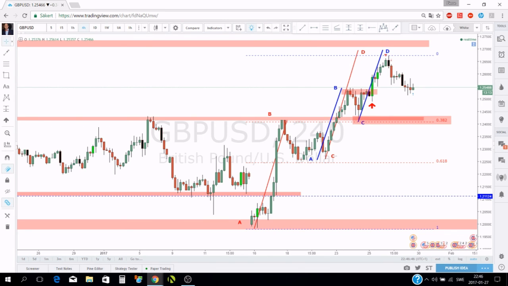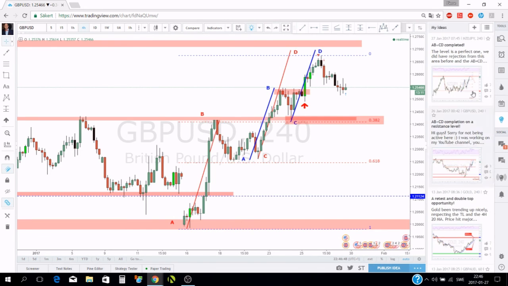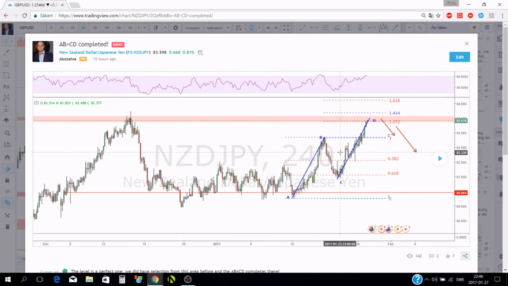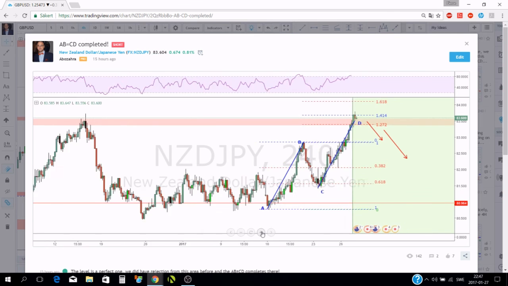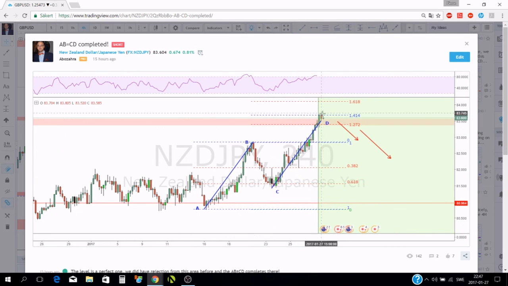I went a bit early on this one, also an AB equal CD, and I am in this trade right now. It went up against me, and my stop loss is somewhere in this area, so I had maybe 12 pips before my stop loss got triggered, and then price went back down.